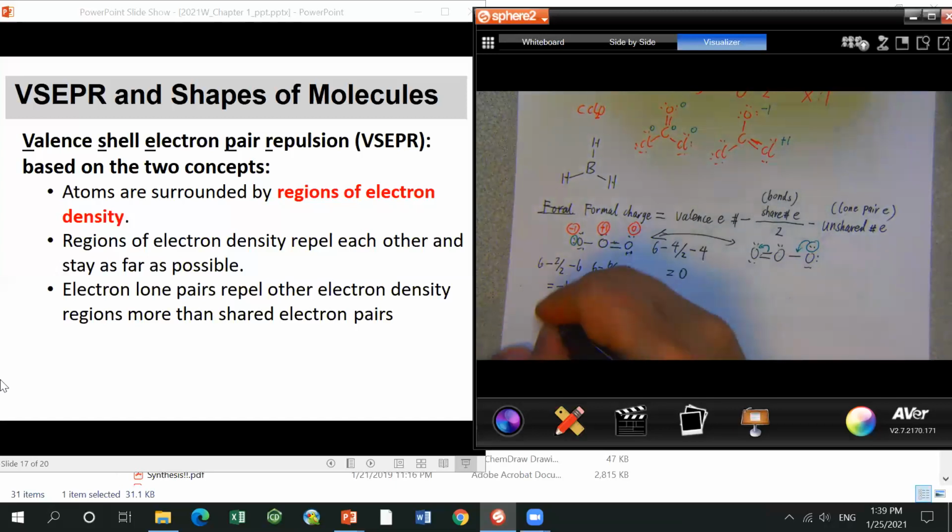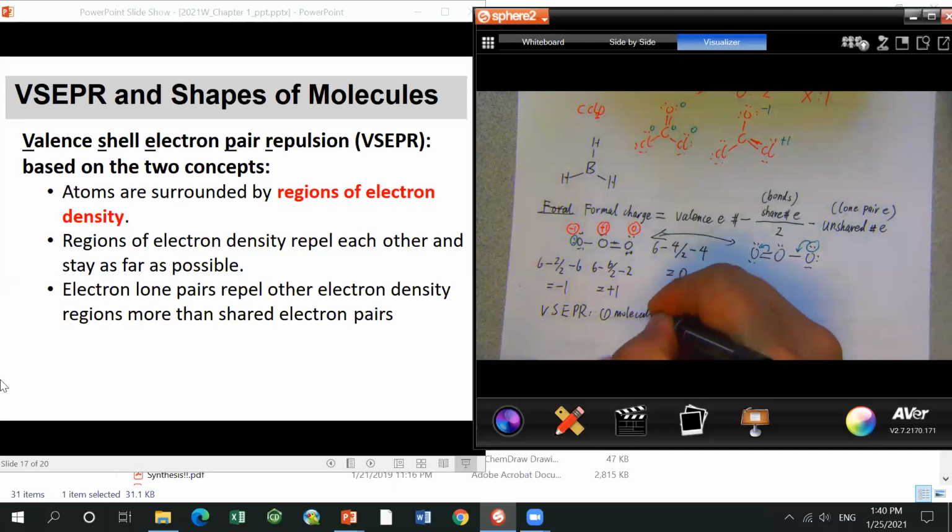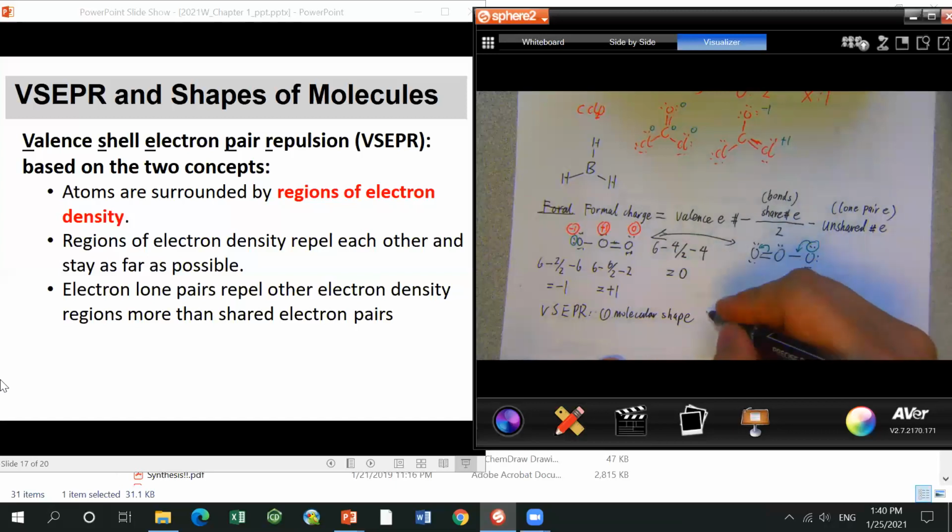VSEPR is useful to predict molecular shape, and it can also be used to give you bond angle information.